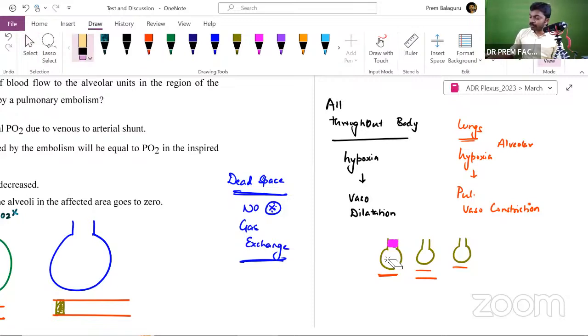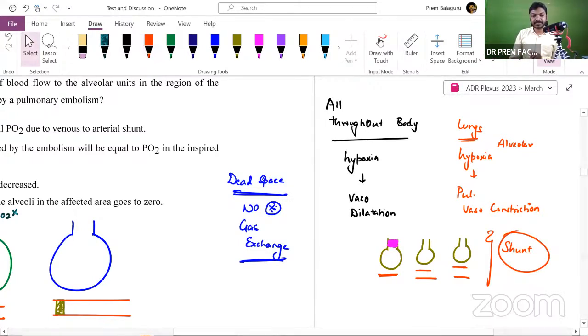There is going to be reciprocating relaxation of neighboring pulmonary capillaries. More blood will go into those regions. This shunting of blood from the closed alveoli to a well-ventilated alveoli is called shunt. Please remember, this is not dead space. This is called shunt.